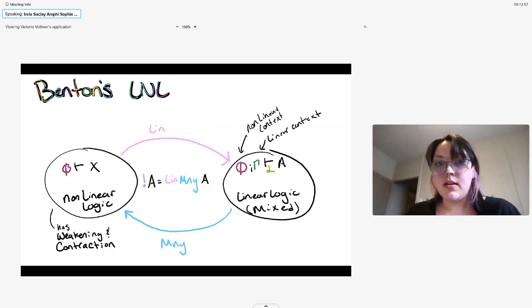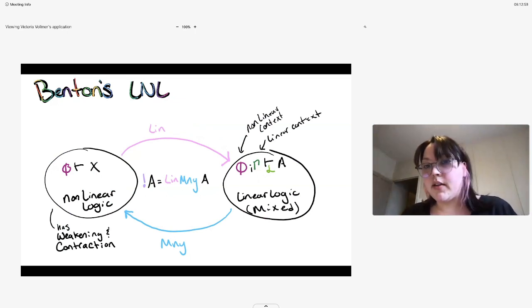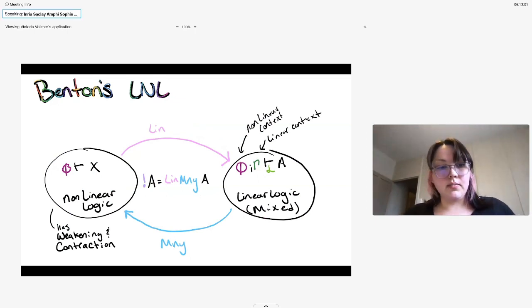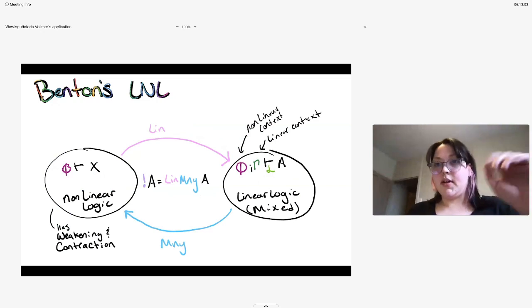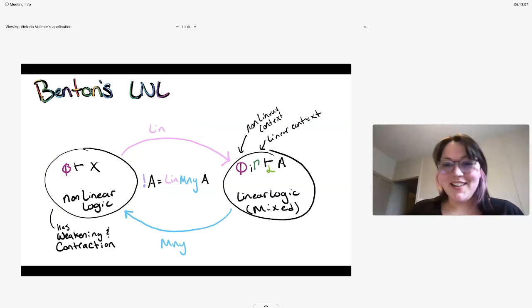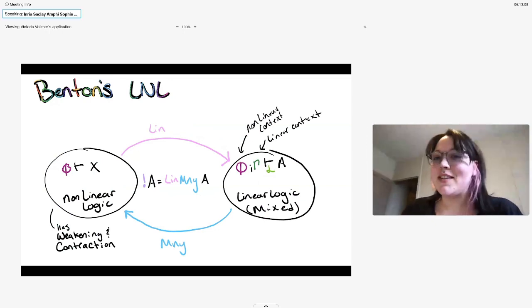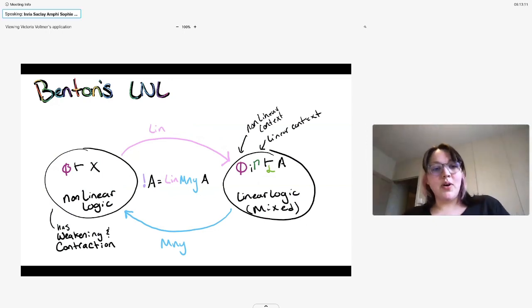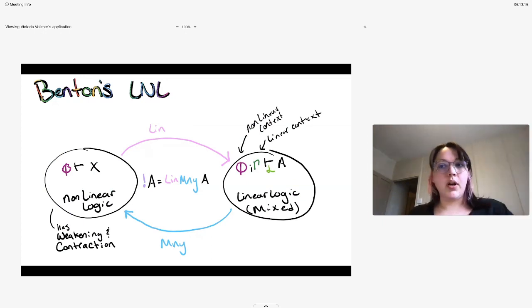And then this is the linear nonlinear logic that Benton came up with. It's very, very great. Definitely recommend reading this if you haven't. So on one side you have the regular intuitionistic logic, where you always have access to structural rules like weakening and contraction.